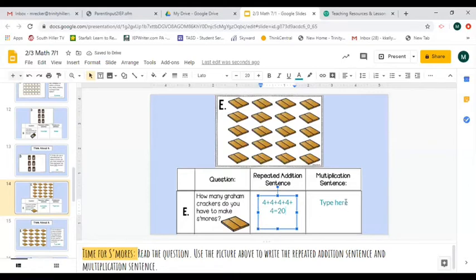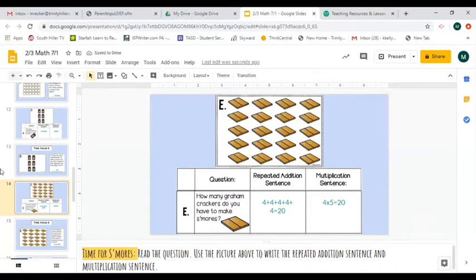And then the multiplication sentence would be 4 times 5, because there are 5 rows with 4 in each row, and that also equals 20. So we have 20 graham crackers to make s'mores.